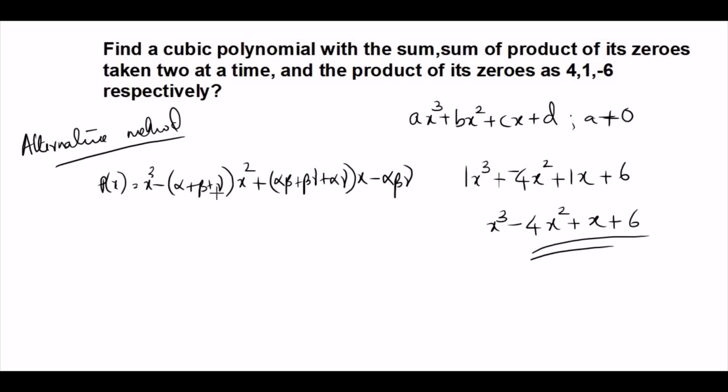So x cube minus the sum of the zeros is 4, so 4x square, plus sum of product of its zeros taken 2 at a time is 1, so 1x, minus the product of its zeros is minus 6. So you get the cubic polynomial as x cube minus 4x square plus x plus 6.